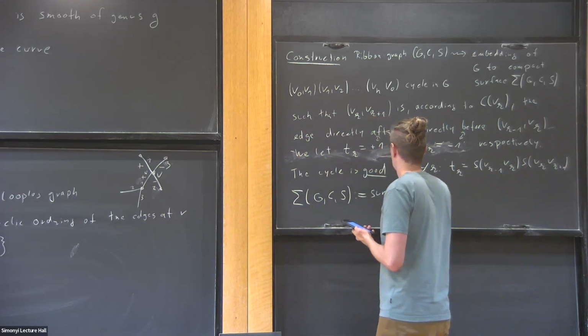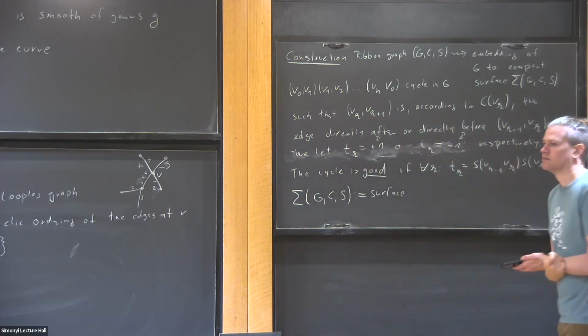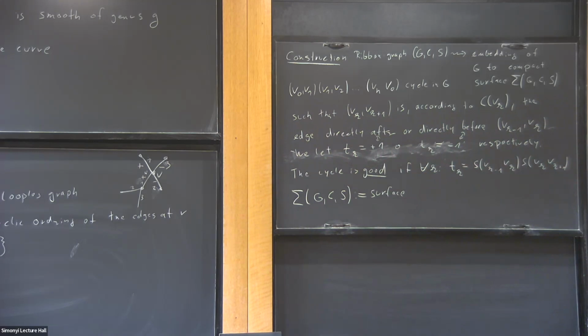Should this be a simple cycle? Sorry? This is going to be a simple cycle. I think it would work with non-simple cycles. I'm just wondering, if I have a tree and all the signs are one, how does this work? If you have a tree, then I think you will not.